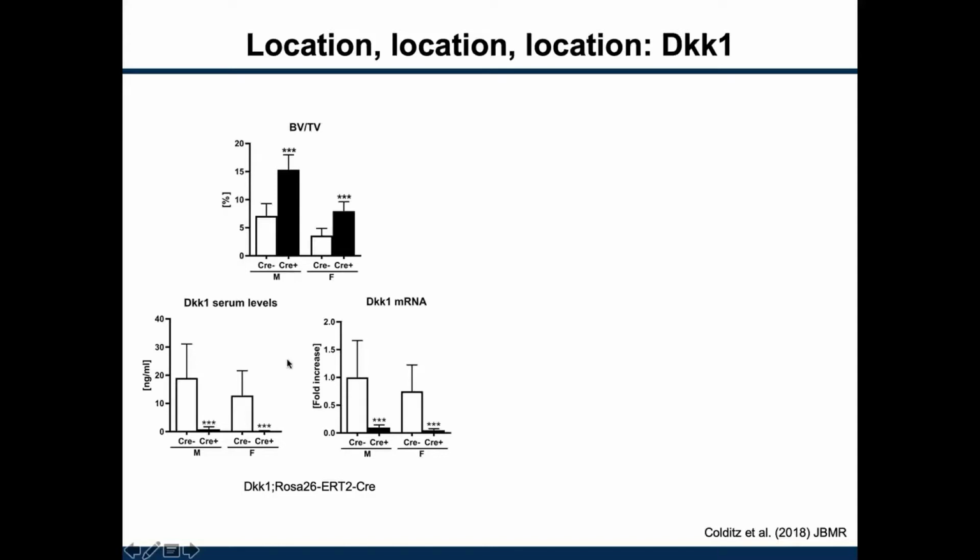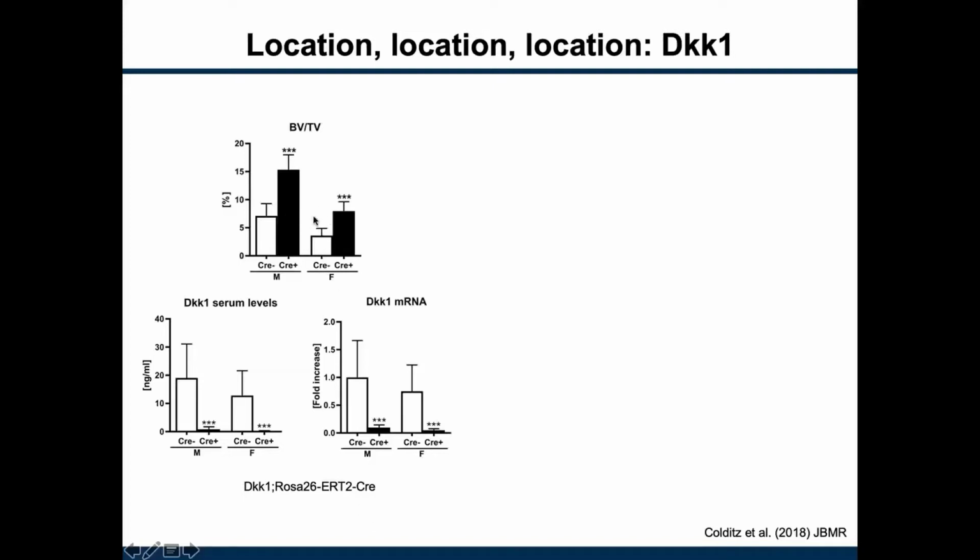Here we have knocked out DKK1 in many different osteogenic cell types or lineages. The first one that we have done is to knock out DKK1 globally using the ROSA26-ERT2-Cre.